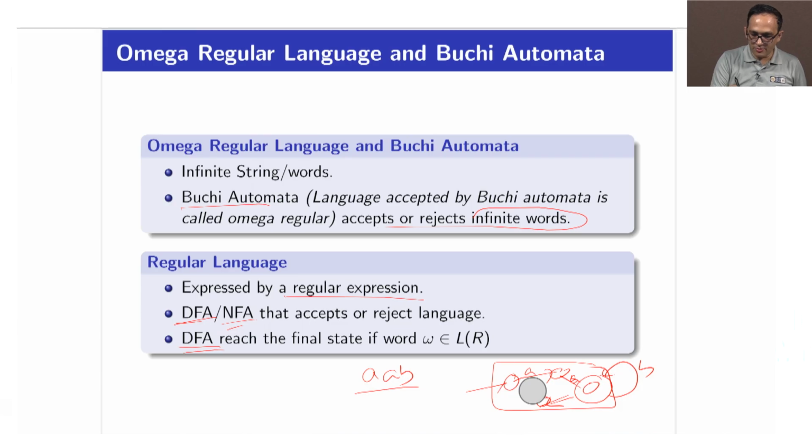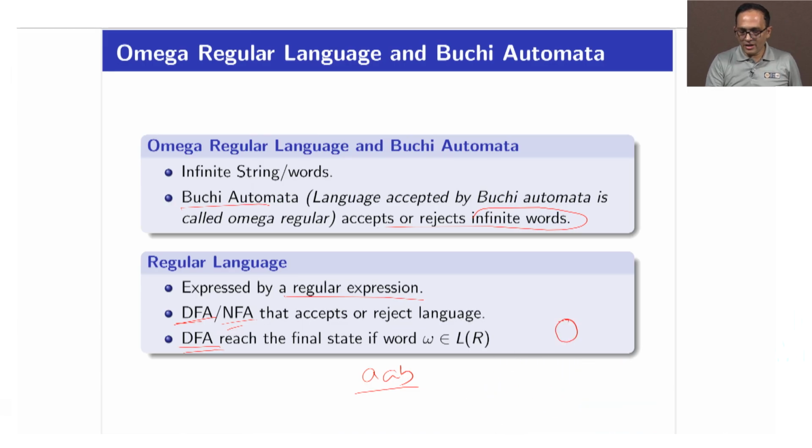Let me take a concrete example. Let me have a DFA like this, where if you give B it stays here. This is S0, this is S1. If you give A, you come here, and if you give B here, it will remain here, and if you give A, it comes back to this.